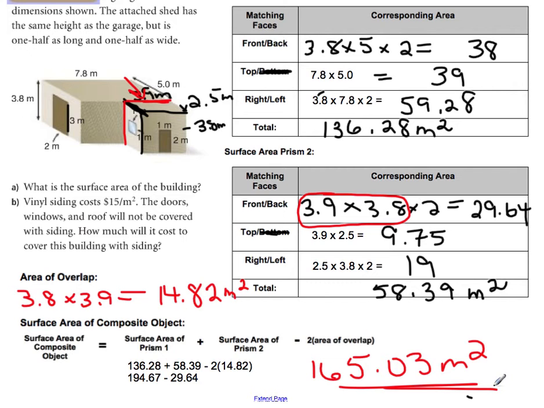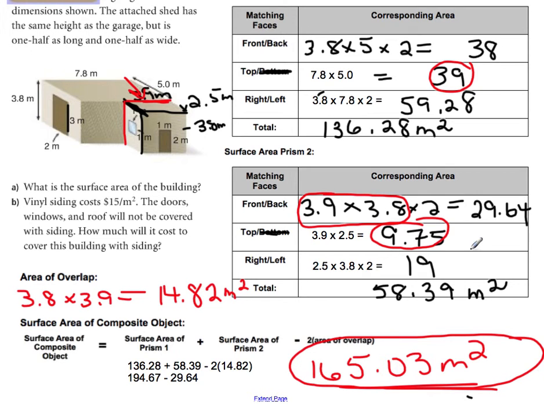How much will it cost to cover this building with siding? Okay, so we can't take into consideration the top of both. So we actually have to take this amount right here, 165.03, and we have to take away 39 because that's the top of one, and we got to take away 9.75, which is the top of the other.